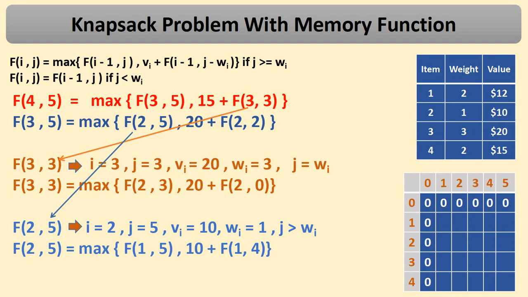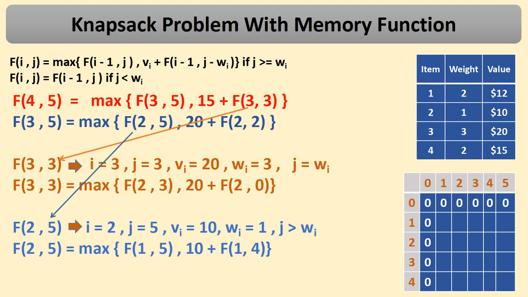Understood? See, first of all we are starting from f of 4 comma 5. For that we have found two values, one is 3 comma 5 and 3 comma 3. Since we don't know the value, we have to derive the answer for f of 3 comma 5 first. That I have done.